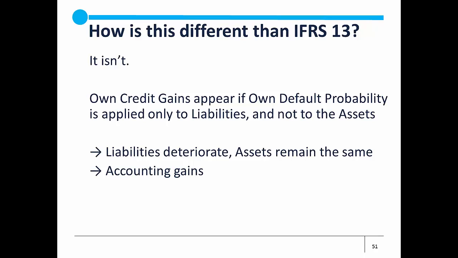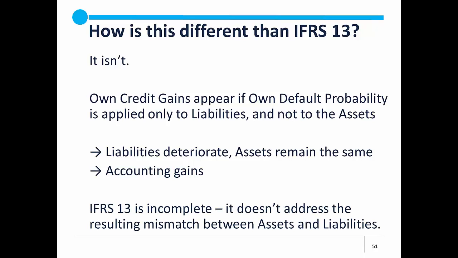So these are the accounting gains. So what this boils down to is that IFRS 13 is actually incomplete. It doesn't address this resulting mismatch between assets and liabilities, right? It allows liabilities to deteriorate and assets to remain the same. And that's why we see the accounting gains under IFRS 13.